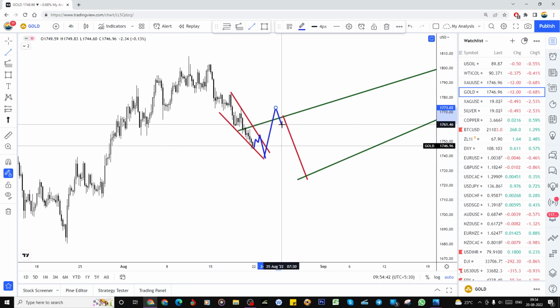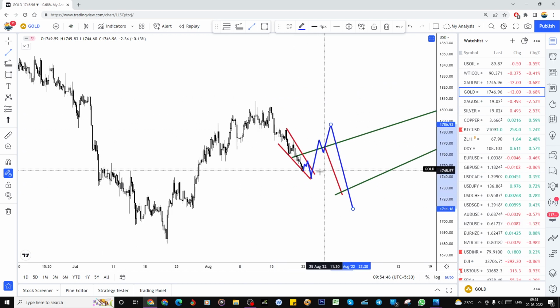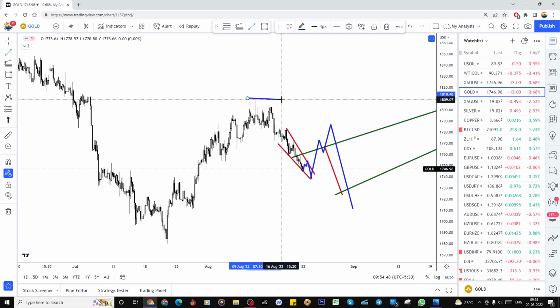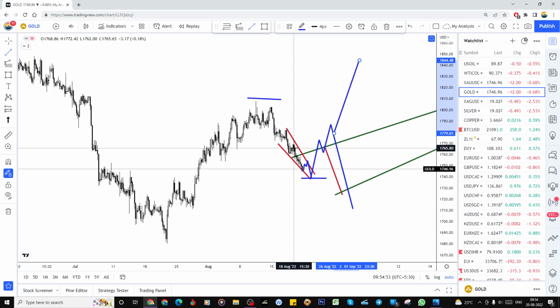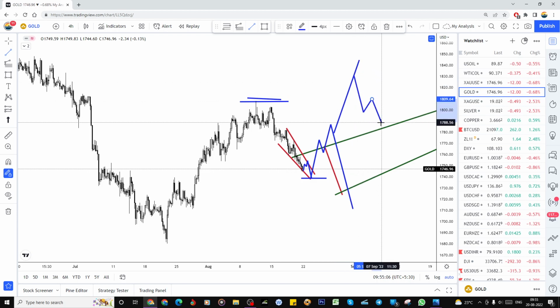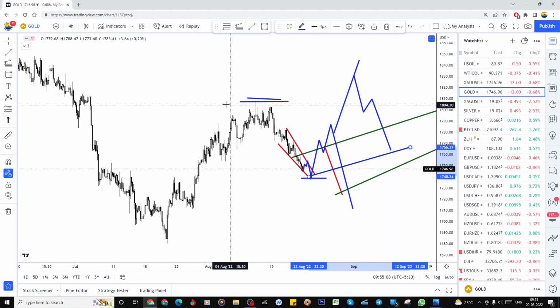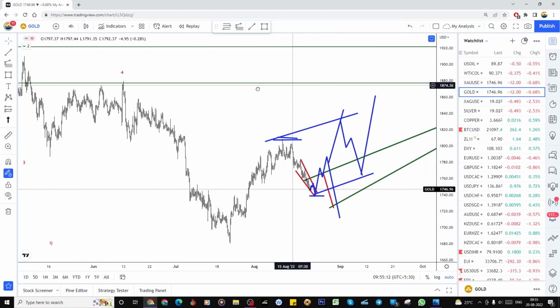We can expect another three-wave structure like this, or if this is the end of the correction, this can shoot up to 1840. Or sometimes, if it is a more complex correction, it will break this high, go about to this level, and again fail as a running flat, and again it can rise.